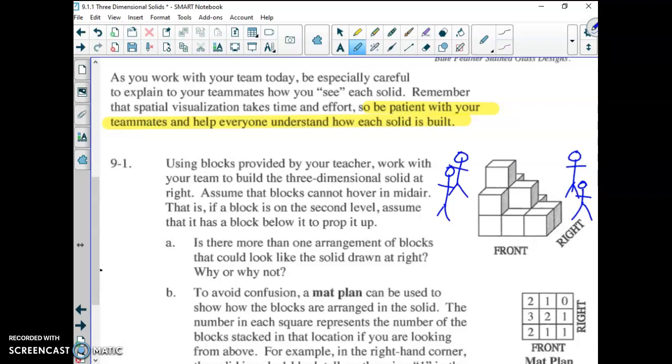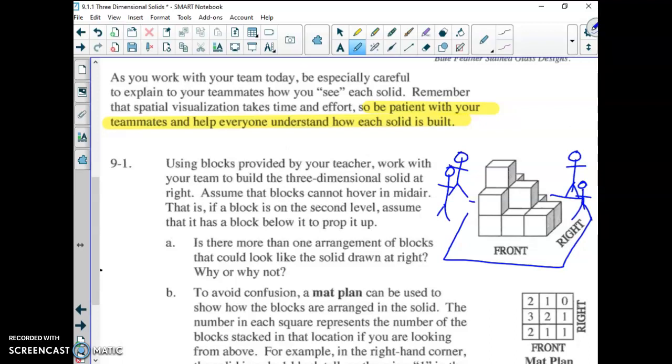So we need to have that little card which tells us where the front is and where the back is as we build it. So either share with your team, or you can get 2 cards and 2 groups of blocks if there's enough to go around, and work together to build these things.